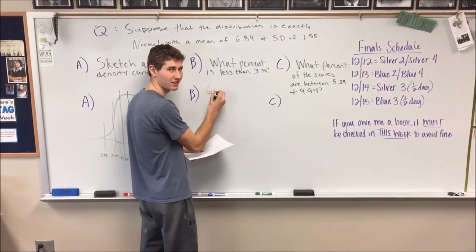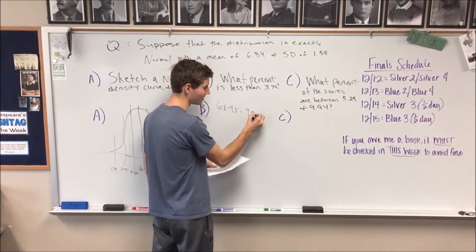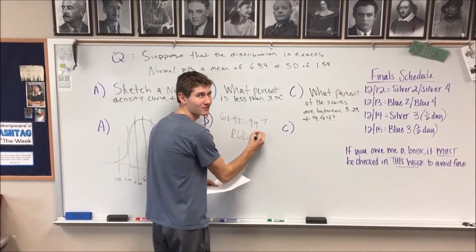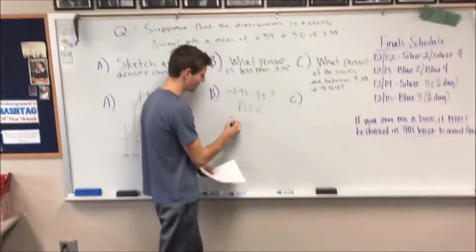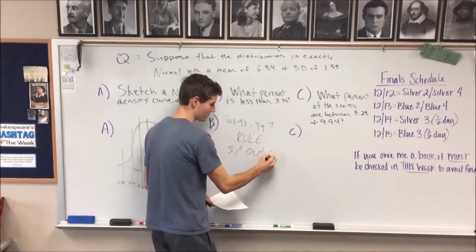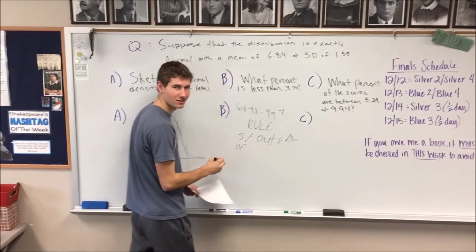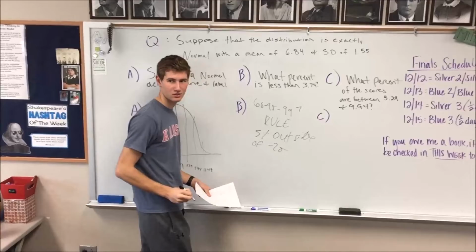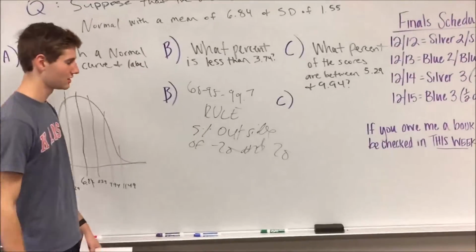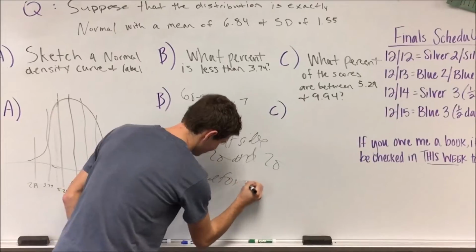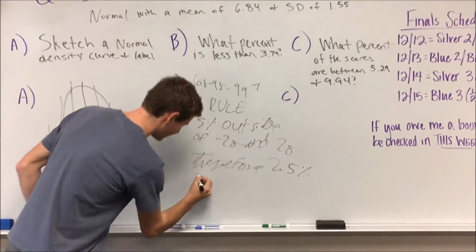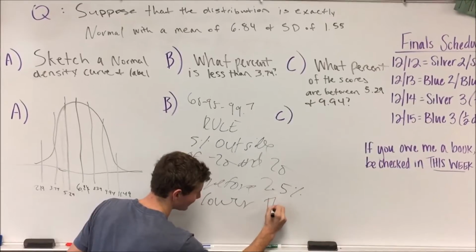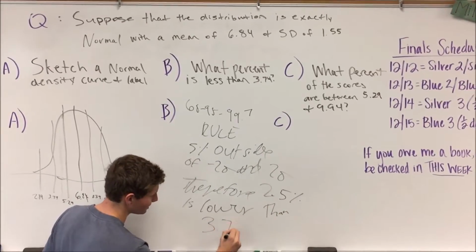Based off of the 68, 95, 99.7, there is 5% outside of plus or minus 2 standard deviations. Therefore, 2.5% is lower than 3.74.